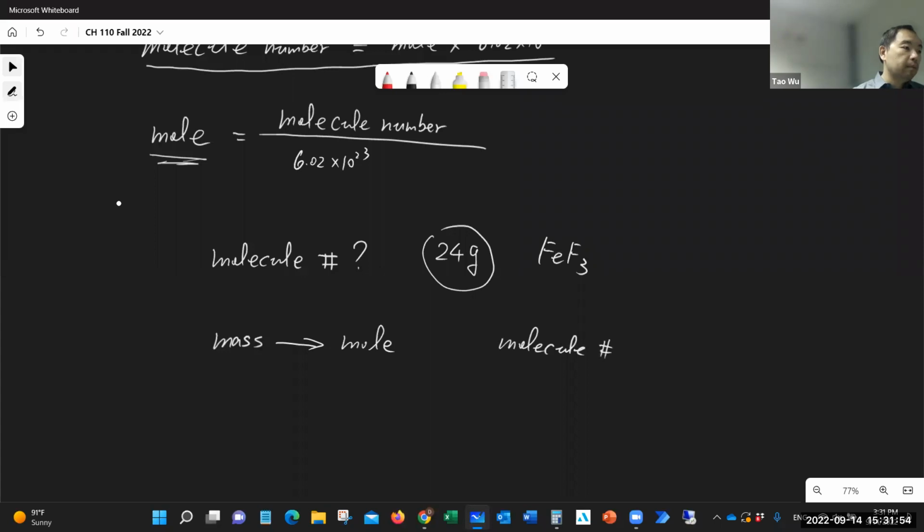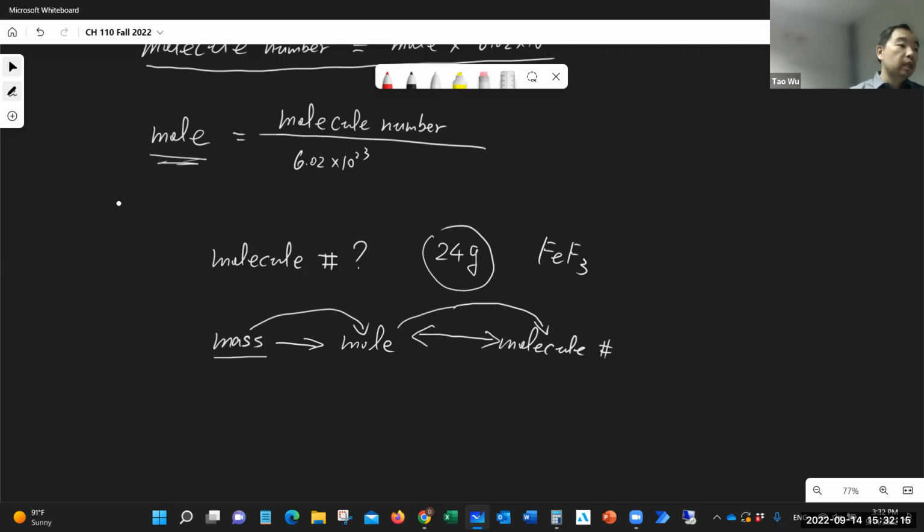And the molecule number can also be converted to mole. So you convert from mass to mole, and then from mole to the molecule number. That's 2 jumps.